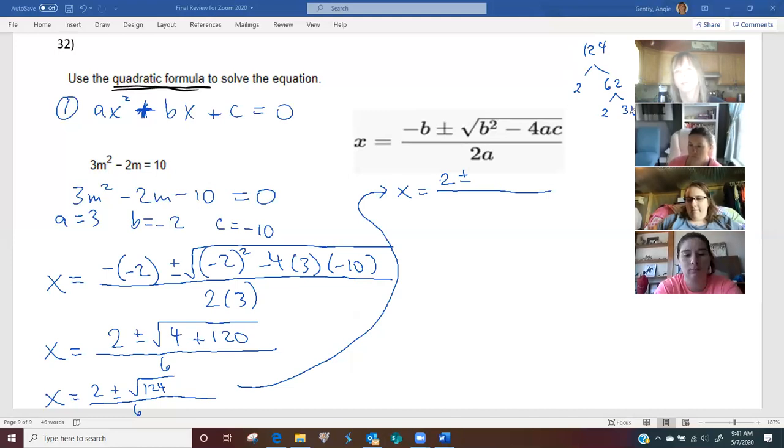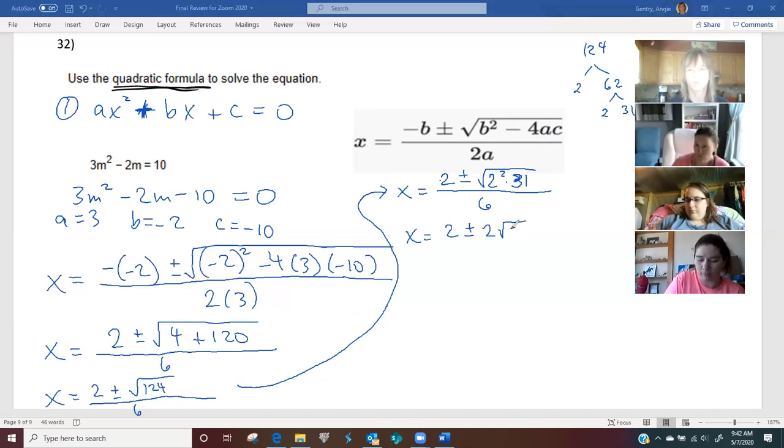I was afraid it was going to be a 64, and those are 2 to the 6th power, and then we get, yeah, this is better. Is this right? 124, yes, okay. So I can write it as the square root of 2 squared times 31. I'm showing every single step, all over 6. The 2 comes out.